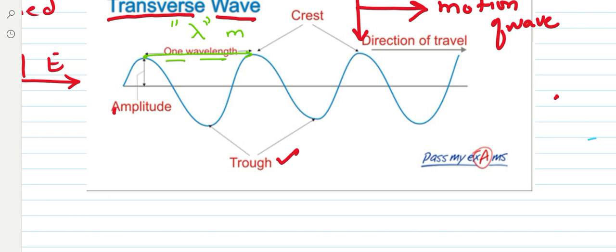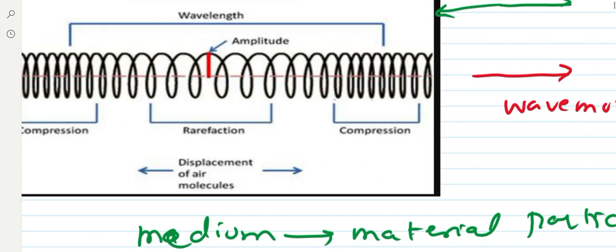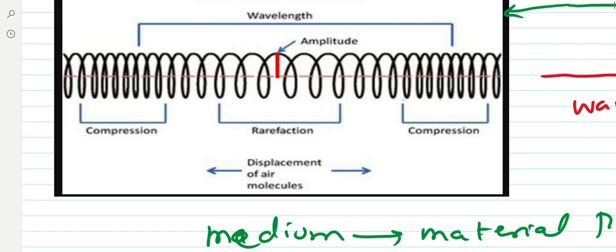Similarly, if I go to the other type of wave which is called longitudinal wave. So the longitudinal wave has a specific description in which if the wave is traveling this way, for example, this is the direction of motion of wave.